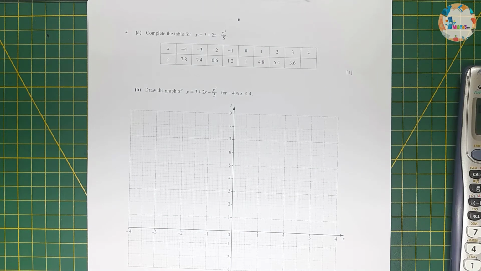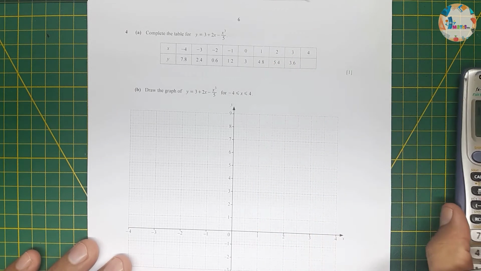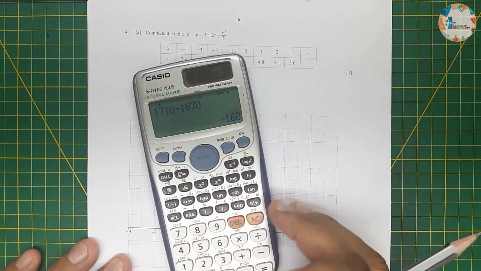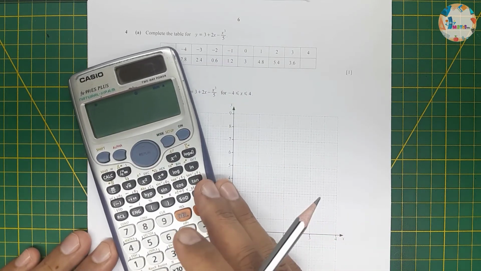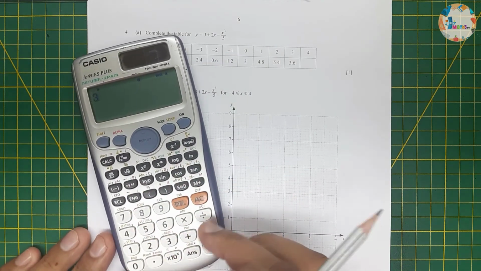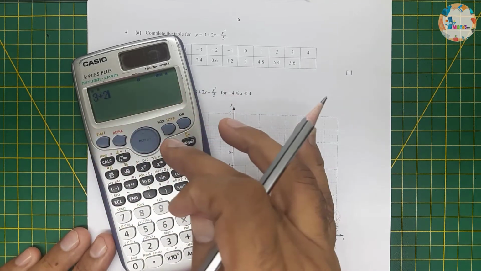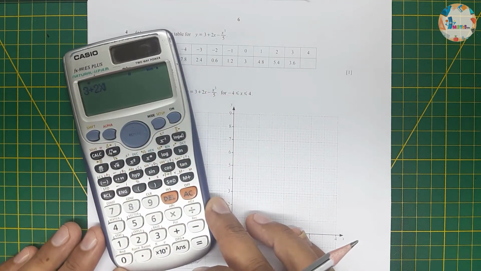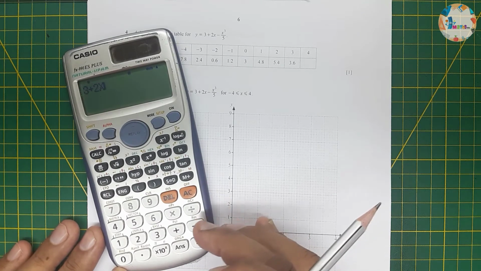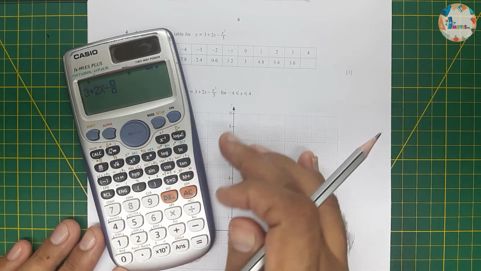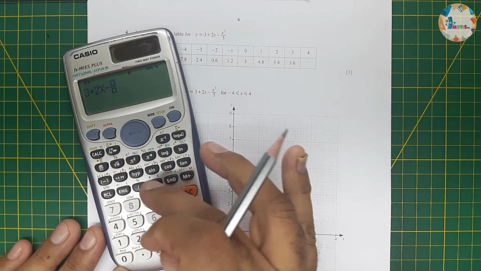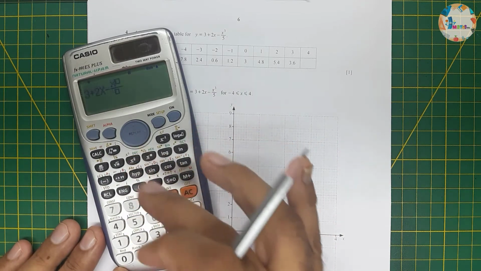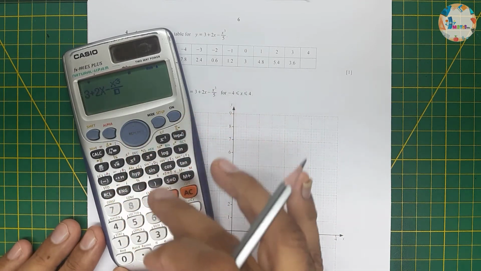Now this is question number 4. We have to complete the table first, and for completion of the table we can type this equation: 3 plus 2x minus x cubed over 5, where x is alpha.